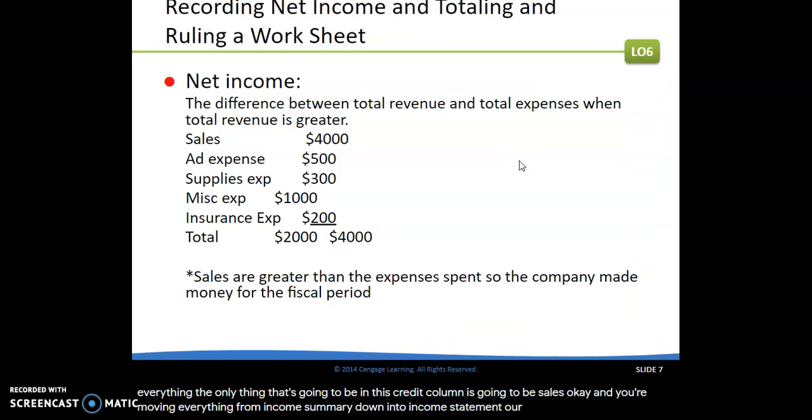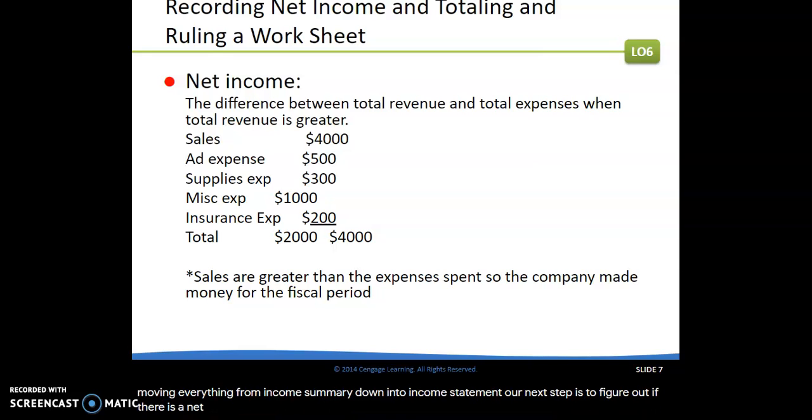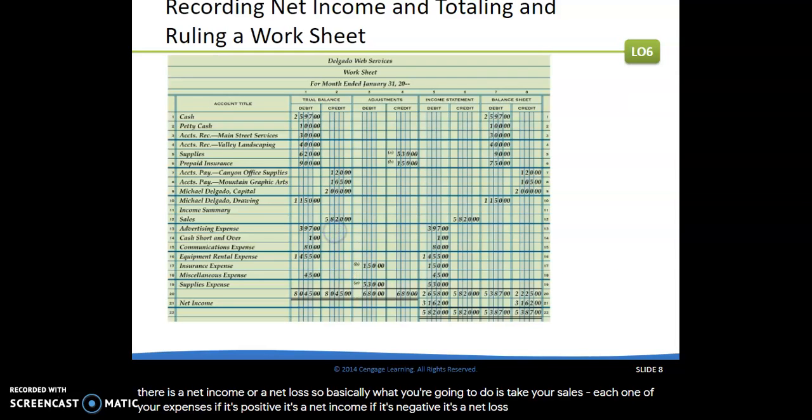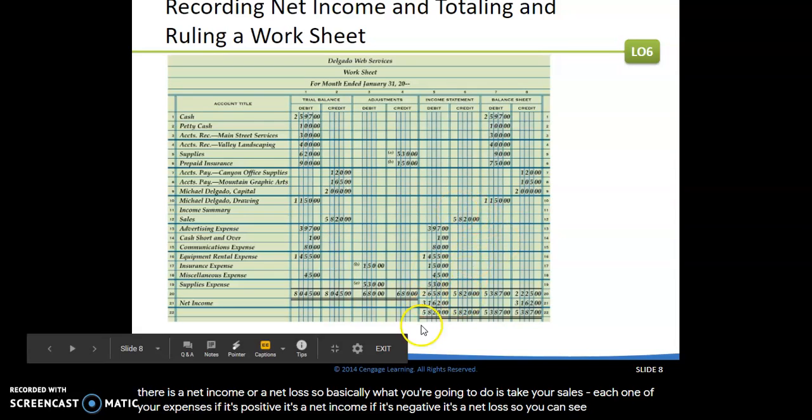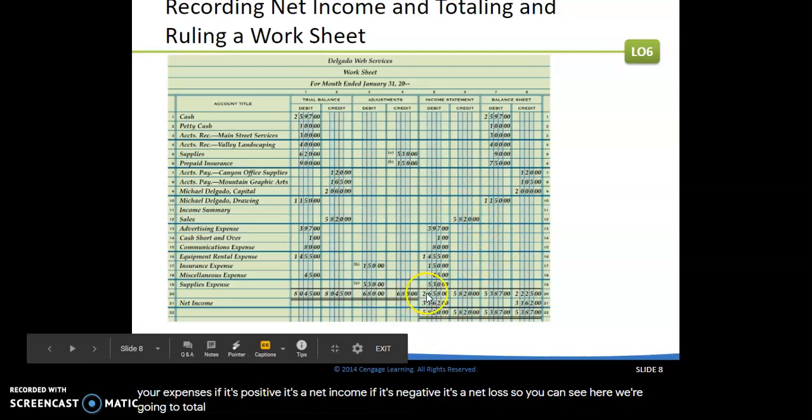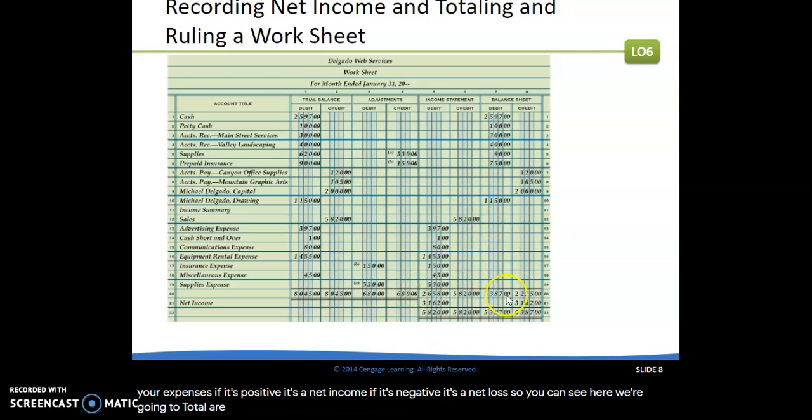Our next step is to figure out if there is a net income or a net loss. So basically what you're going to do is take your sales minus each one of your expenses. If it's positive, it's a net income. If it's negative, it's a net loss. So you can see here, we're going to total our totals at the bottom here.